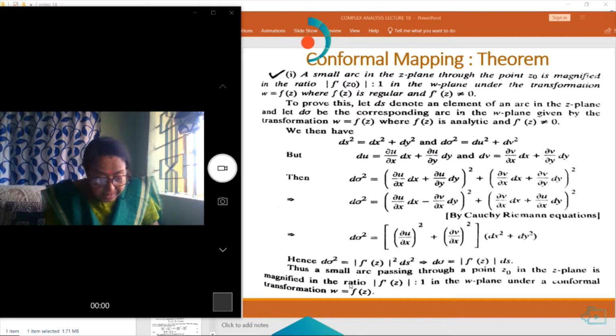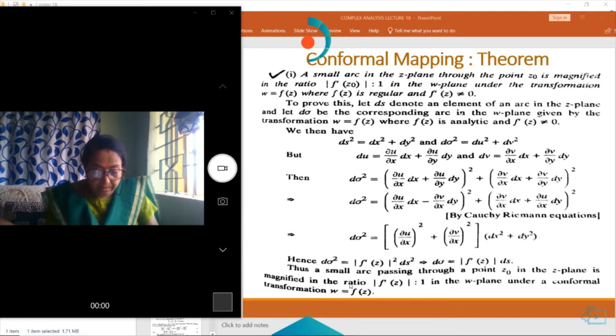To prove that, let us define an arc in the z plane, and let the corresponding arc in the w plane be given by the transformation w is equal to f(z), where f(z) is analytic and f dash z is not equal to 0.